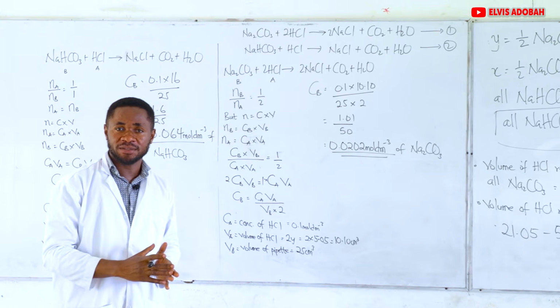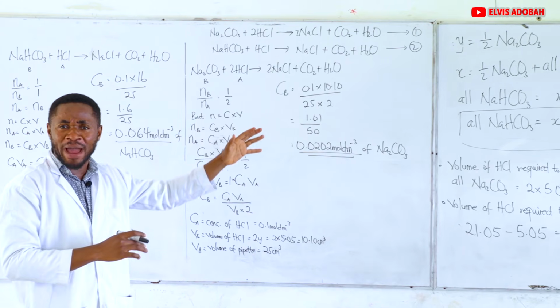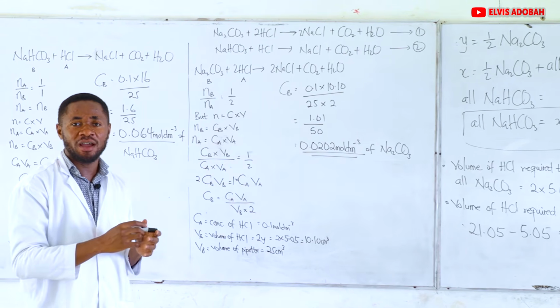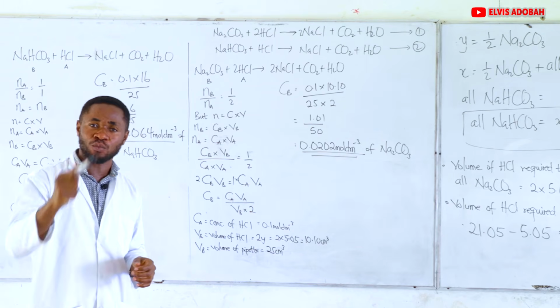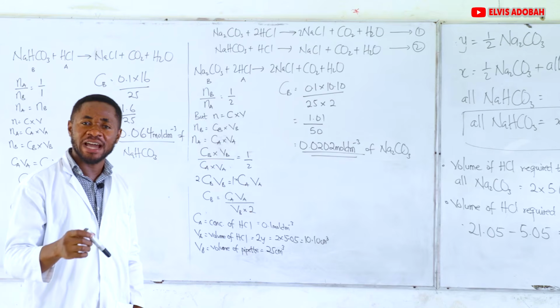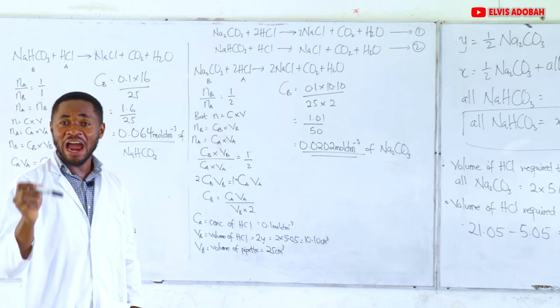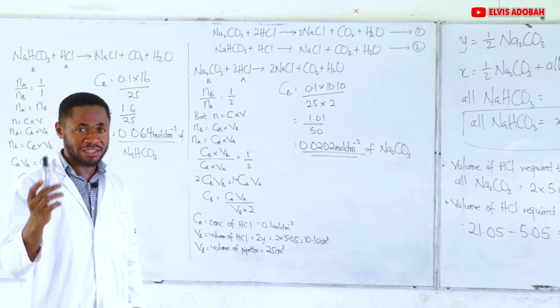The volume of the acid that is required to completely neutralize all the sodium bicarbonate in the mixture is given as X minus Y, where X is the average titer from the methyl orange titration, and Y is the average titer from the phenolphthalein titration.